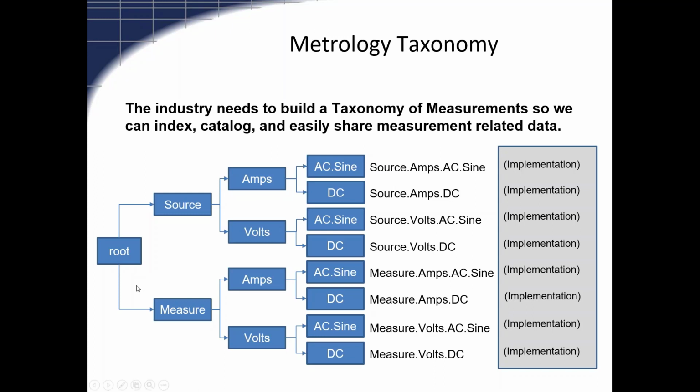So this just kind of shows how we come out from a root, and we've got source and measure as the next biggest divisions. And then out of source and measure, we'll have amps and volts and resistance and all of those different things. Then as we break volts down a little bit more, we'll have AC sine wave for the volts, and we'll have DC volts that come out of a device.